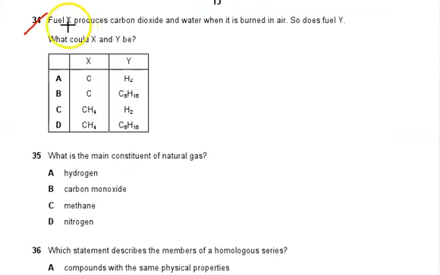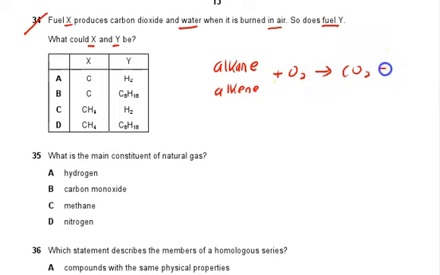Fuel X produces carbon dioxide and water when it is burned in air. So does fuel Y. What could be X and Y? You have to understand this: alkane or alkene. When they have enough oxygen, both of them will produce carbon dioxide and water.